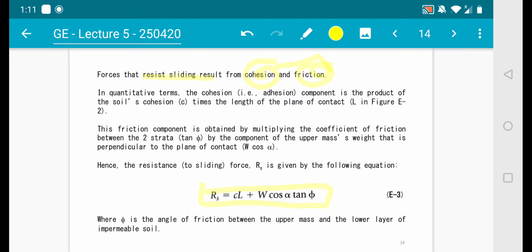So this is the resistance. And if you want to look at more details, this symbol is the angle of friction between the upper mass and the lower layer of impermeable soil. The rest are spelled out earlier, just for this angle of friction.